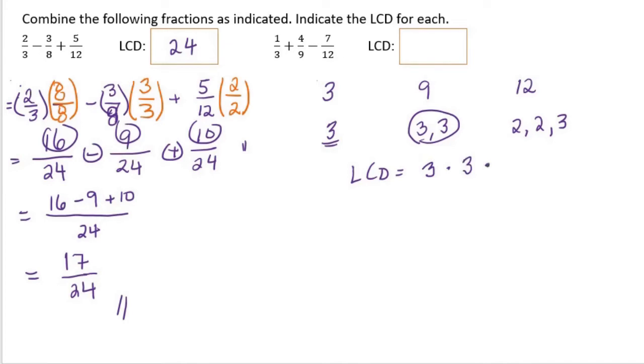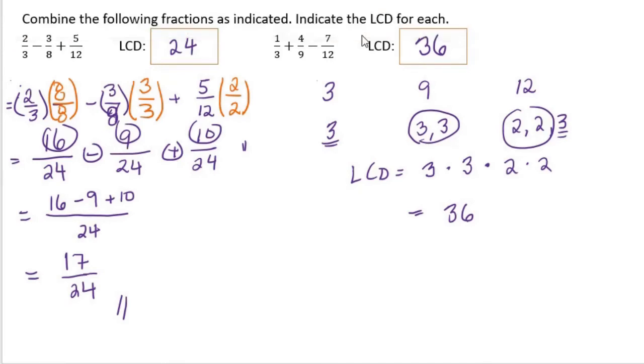And finally, to ensure that my LCD is divisible by 12, it needs to contain a 3, and it does, but it also needs to contain 2 2s. So I'll add those in. 3 times 3 times 2 times 2, 9 times 4 is 36. 36 is the lowest common multiple, and because we're adding fractions, we'll call that the lowest common denominator.